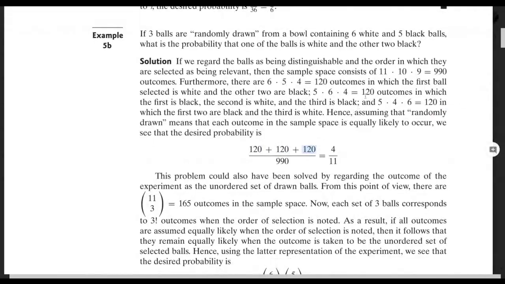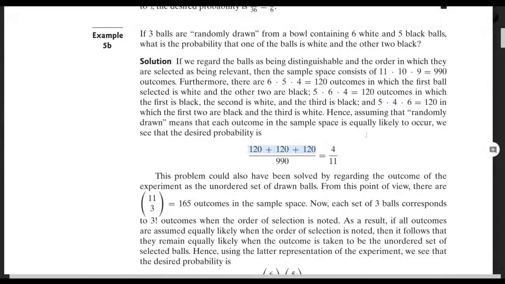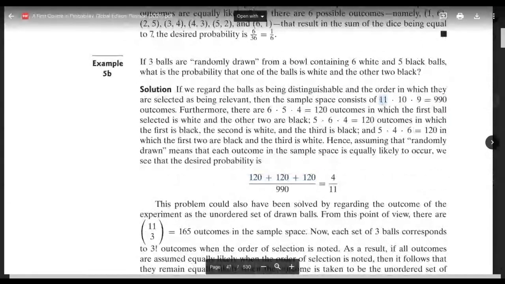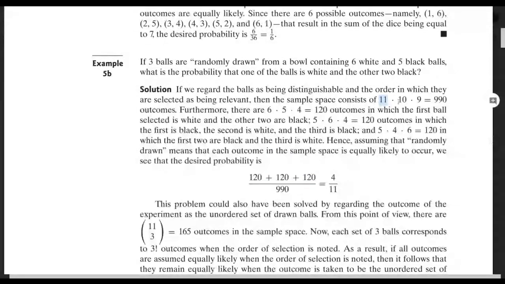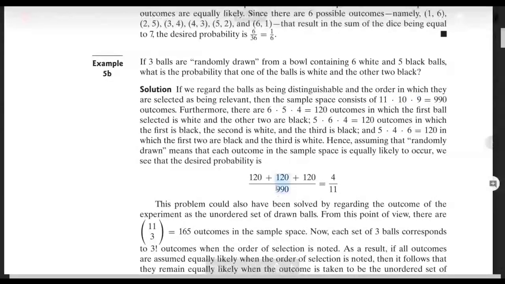It happens that all those numbers are the same, but each one represents different outcomes. So add this up, 360. What's the total sample space? For the first one, we have 11 ways. For the second one, we have 10 possible choices. For the third one, we have 9 choices. So the total sample space is 990. So 360 divided by 990, simplified to be 4 over 11.